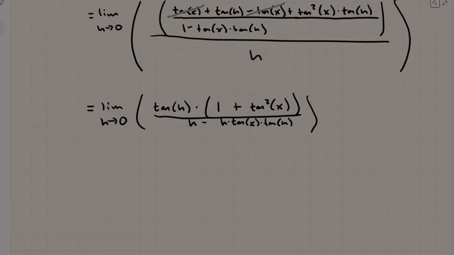Okay. Now, remember we had said that if anything is independent of h, that we can pull it out. And so that 1 plus tangent squared x is actually independent of h.